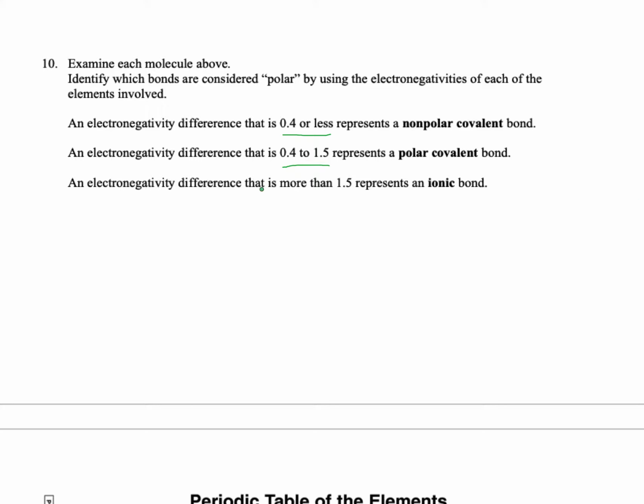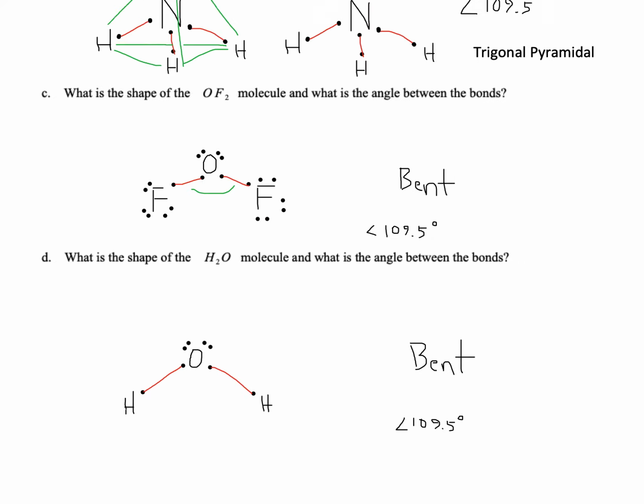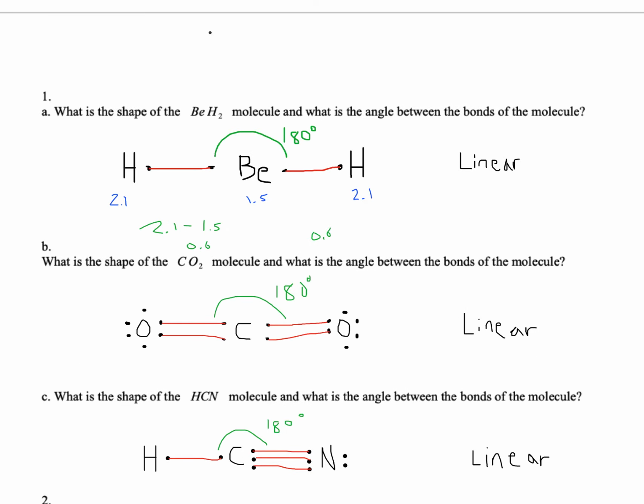If we get an electronegativity difference greater than 1.5, then it's called an ionic bond, and the electron is largely donated to the other element, not shared so much. So these are both going to be polar covalent bonds.